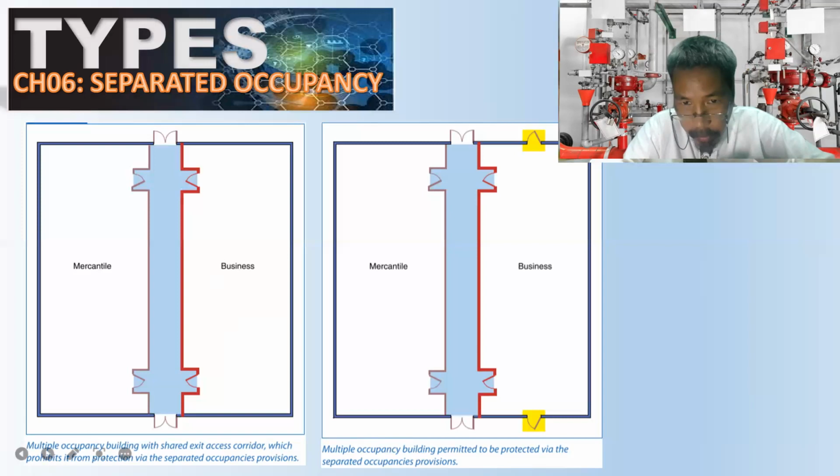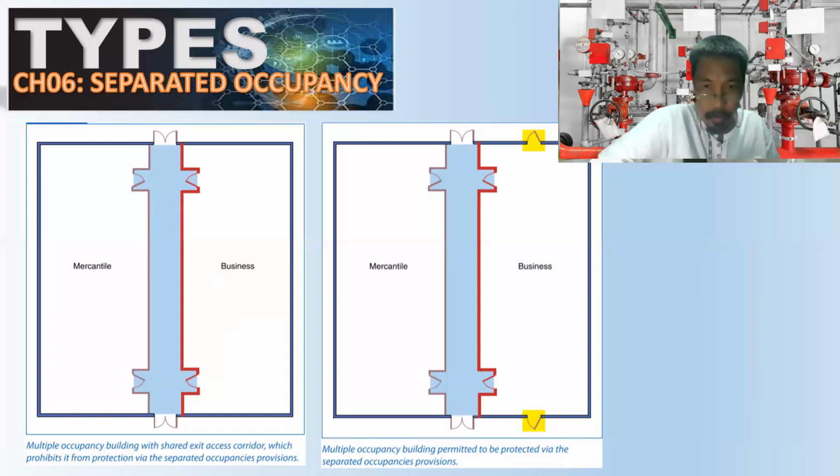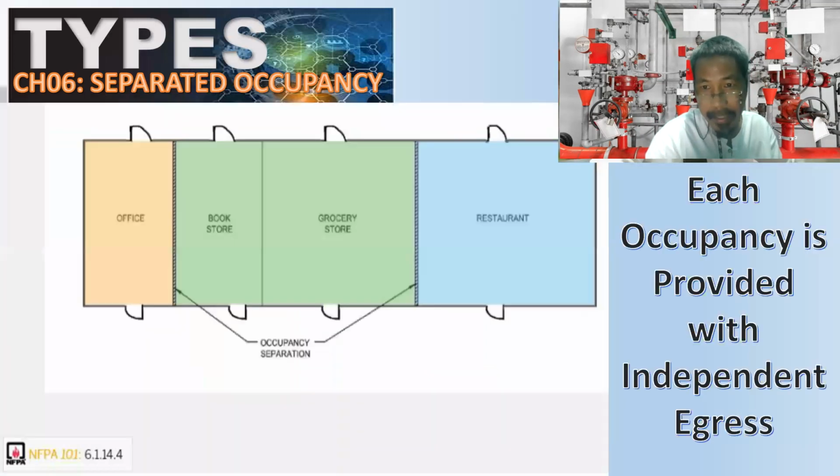A multiple occupancy building is permitted to be protected via the separated occupancy provision. Okay, so you need what? Independent. So the term here is an independent egress.